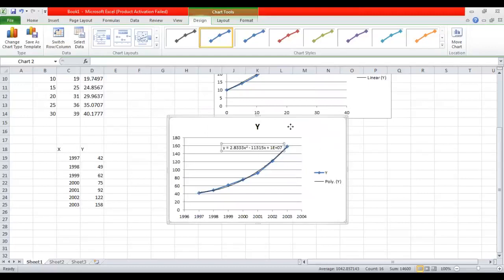So this is the equation we get for the parabola, that is 2.833 x square minus 18.71x plus 18.07.